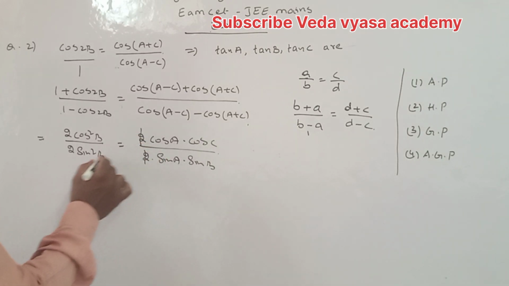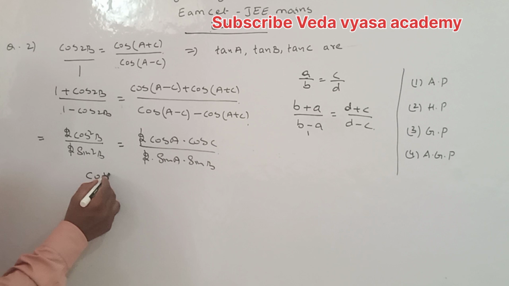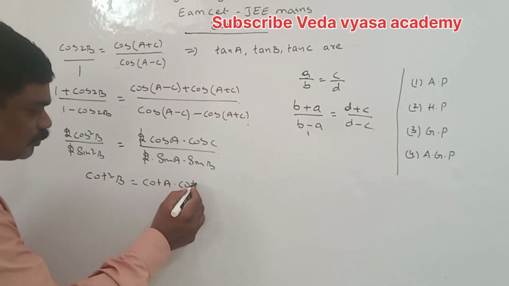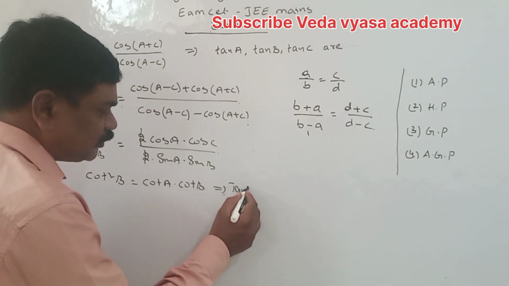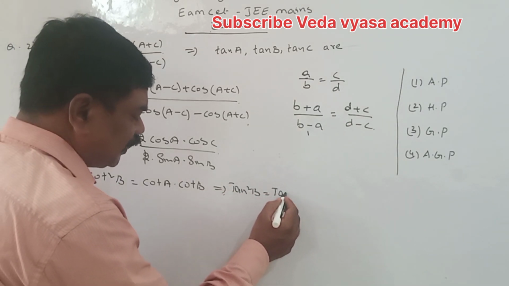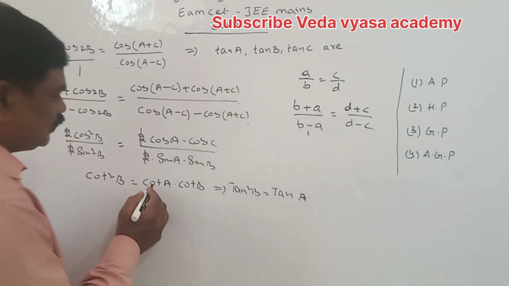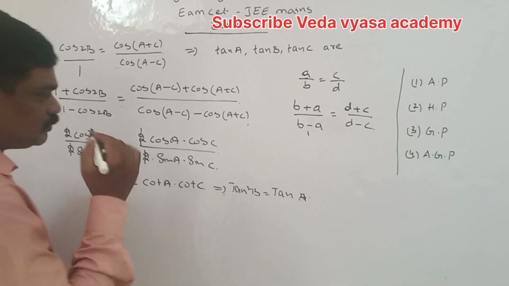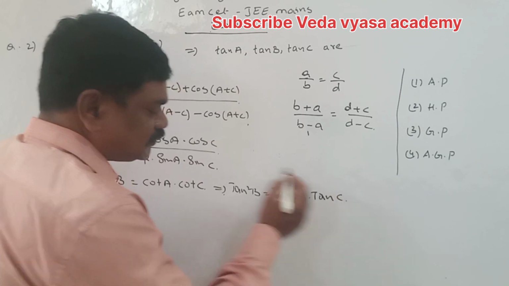So the 2 cancels. What is it? cot square B is equal to cot A cot C. From this you can write tan square B is equal to tan A tan C.